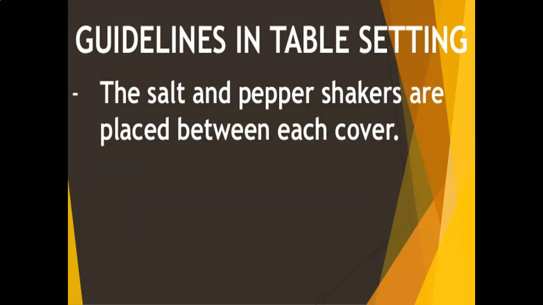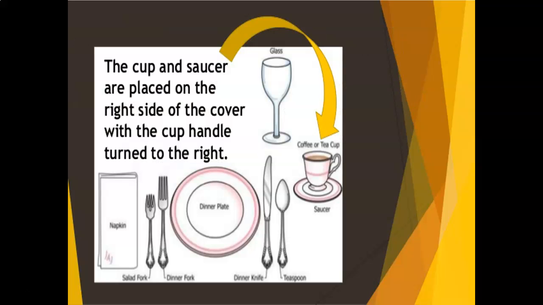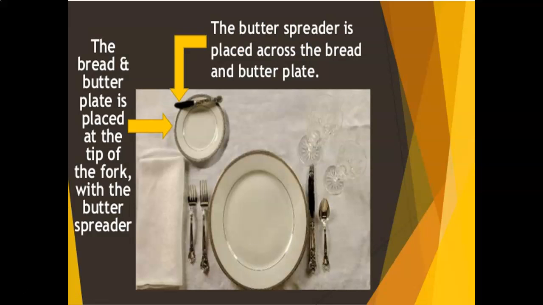The salt and pepper shakers are placed between each cover. Another one is the cup and saucer, placed at the right side of the cover with the cup handle turned to the right. The bread and butter plate is placed at the tip of the fork with the butter spreader.